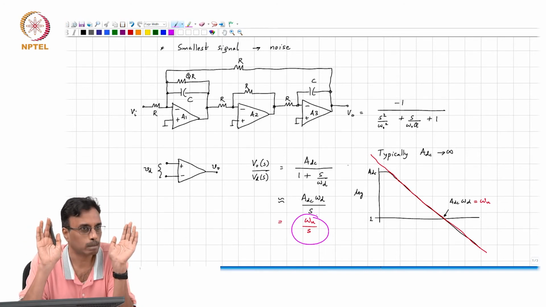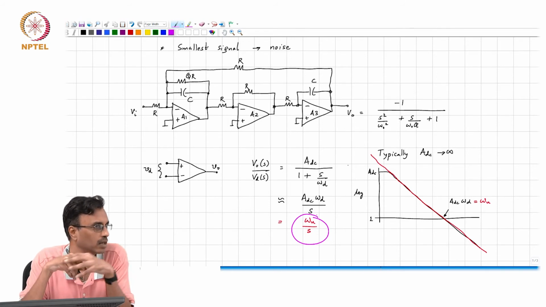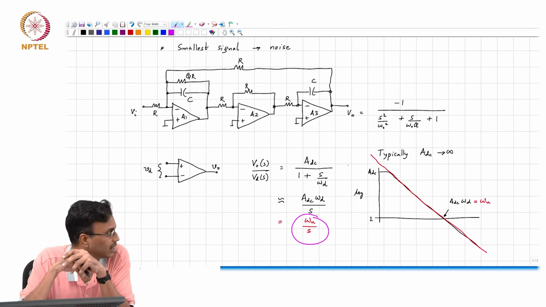You understand? Okay. So, that is the spirit in which the analysis that we see going forward has to be seen, right.